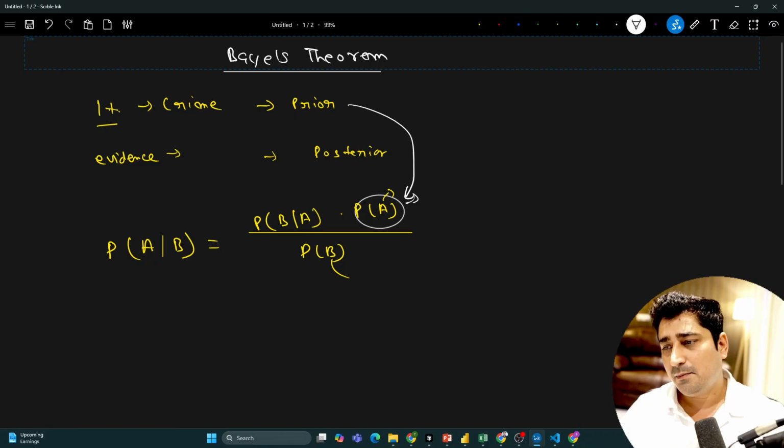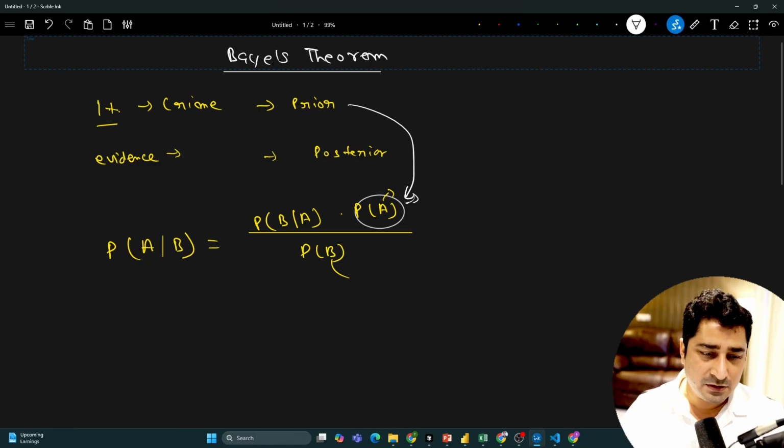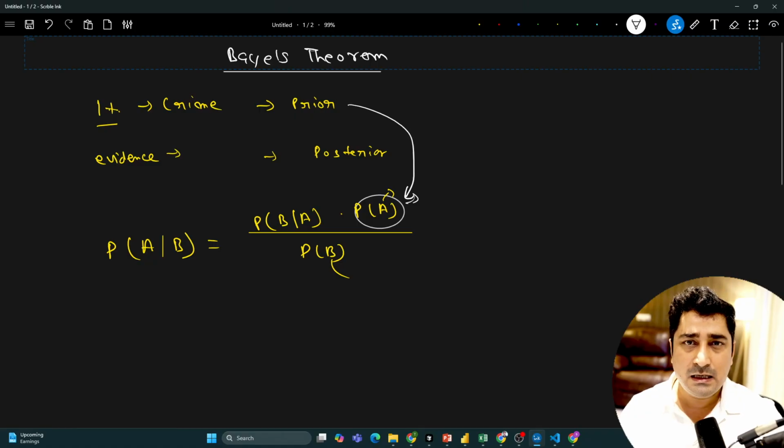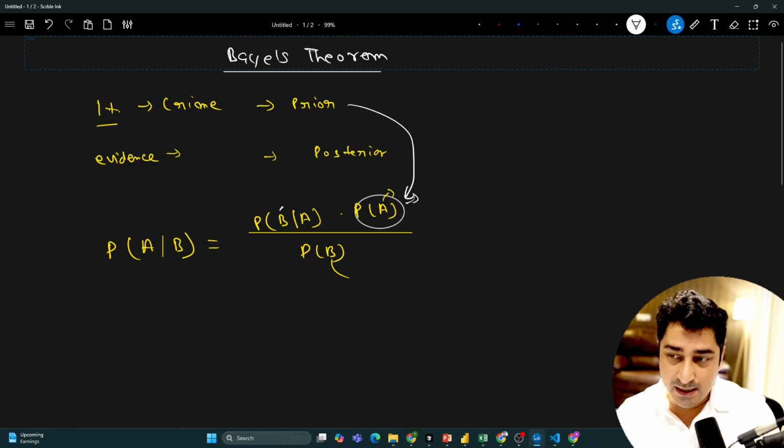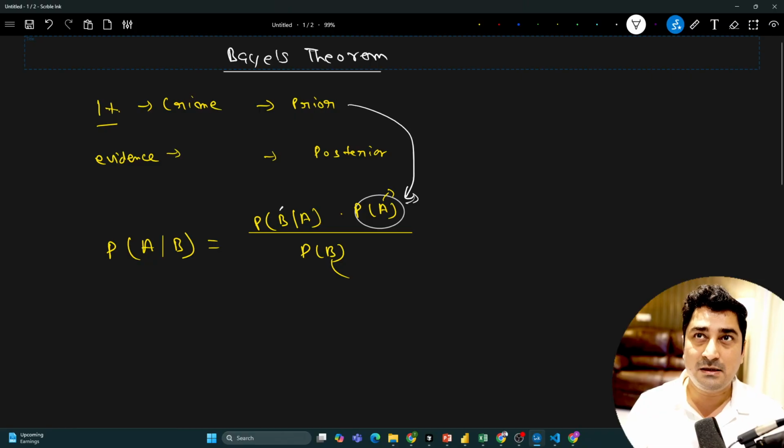Then I have written the probability of B given A, which represents the likelihood: if I have received the evidence, meaning B, then what is the chance? Because I have received the evidence doesn't mean I can just go and say that the person has committed a crime. That is not the way of doing it.